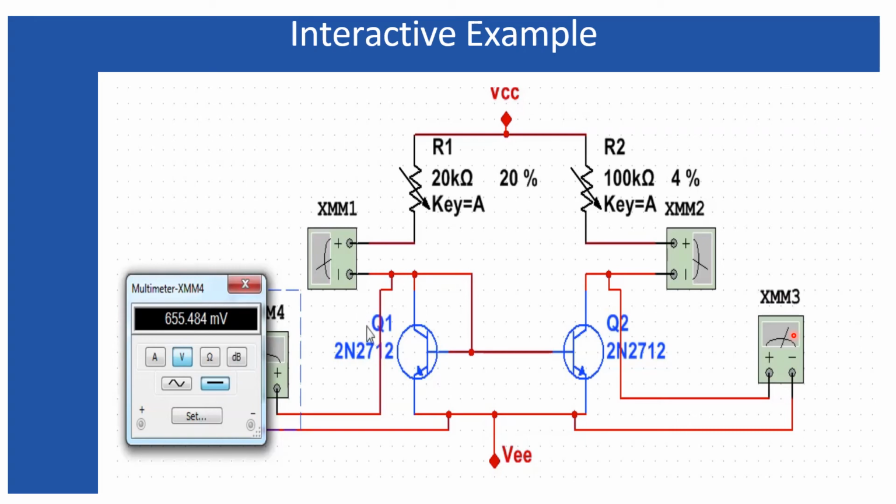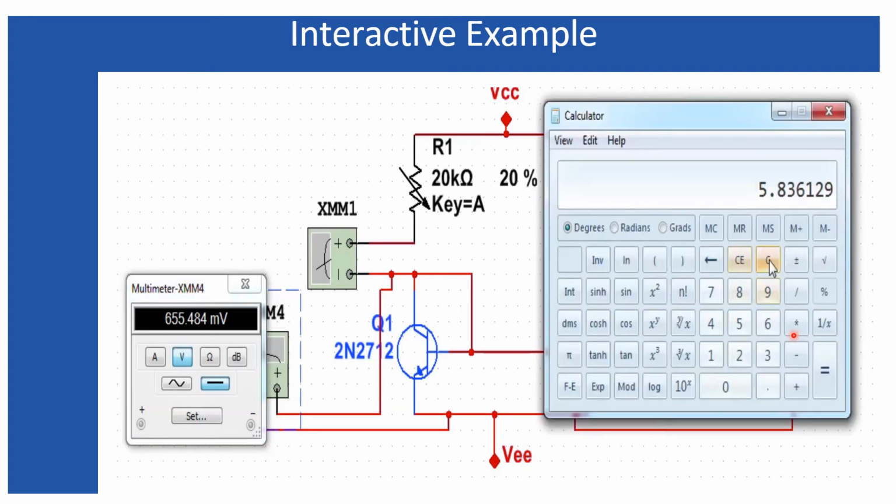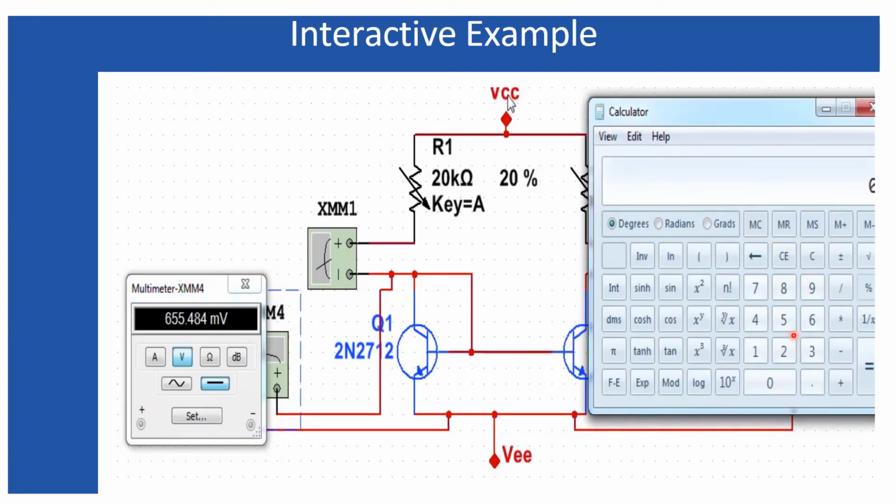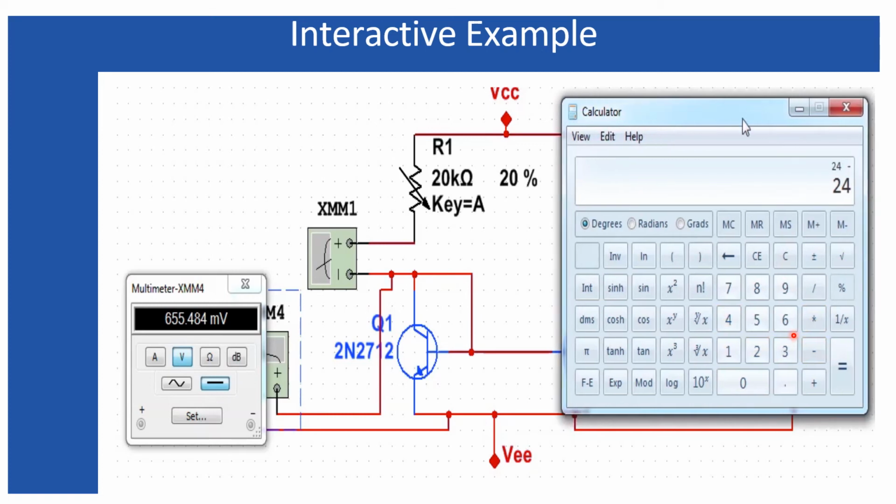As I explained in my last slide, I can easily calculate the reference current. Here plus VCC is plus 12 volt and VEE is minus 12 volt, so twice VCC, which is 24 volt, minus this voltage, 0.655484, which is the collector to emitter voltage of transistor Q1.